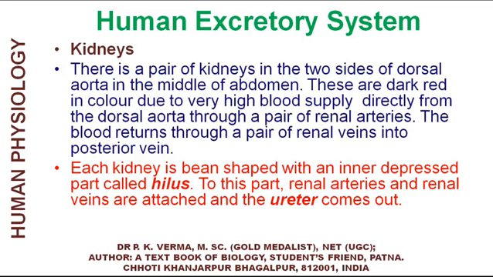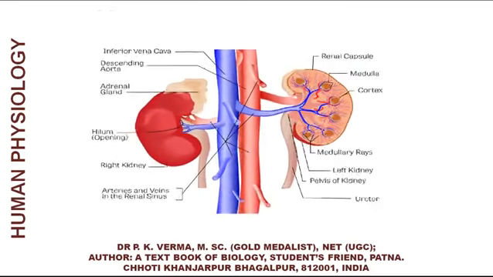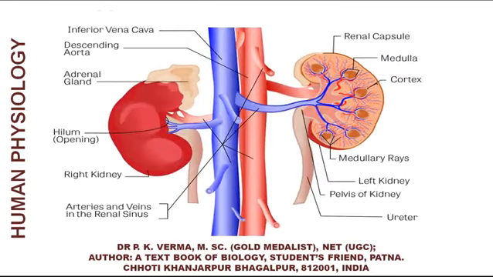Each kidney is bean-shaped with an inner depressed part known as hilus. To this part, renal arteries and renal veins are attached and the ureters come out. See the full structure of kidneys and the arrangement of the arteries and veins to the kidney.